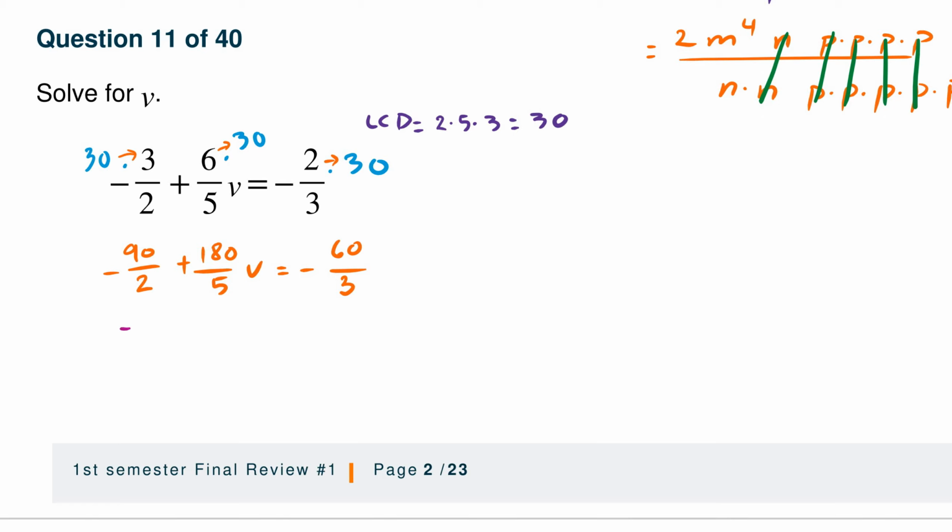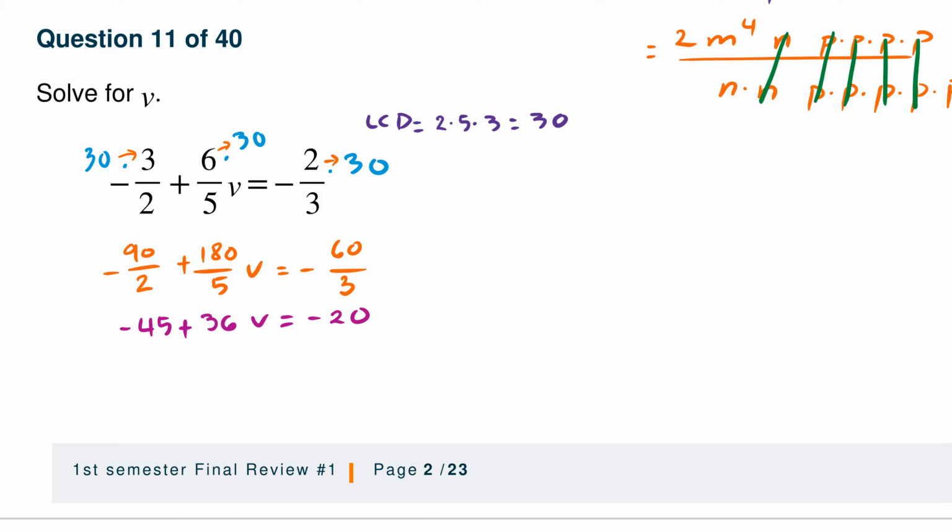Negative 90 divided by 2 is negative 45, plus 180 divided by 5 will give you 36v. Yep. And minus negative 20. See, by doing that step, multiplying everyone by the LCD, you will get rid of the fractions.